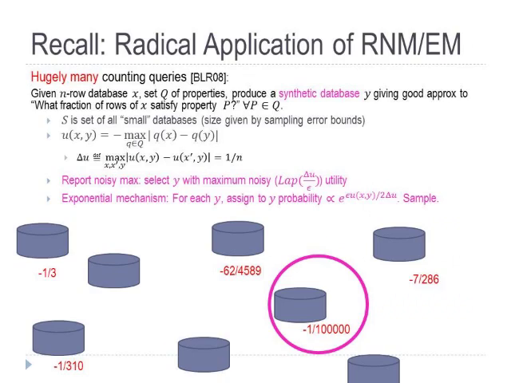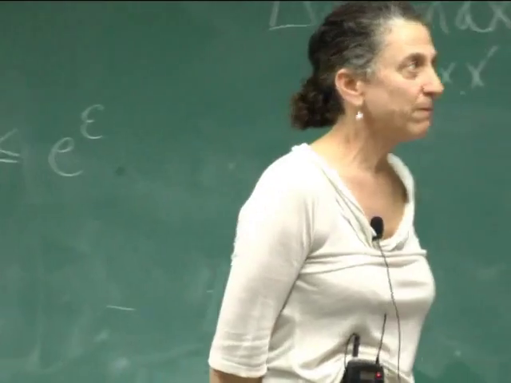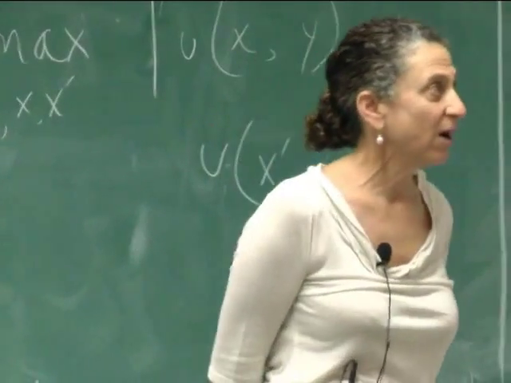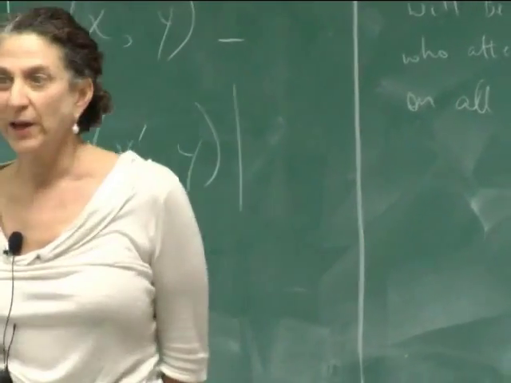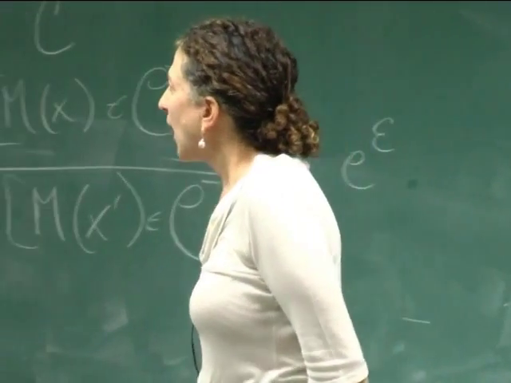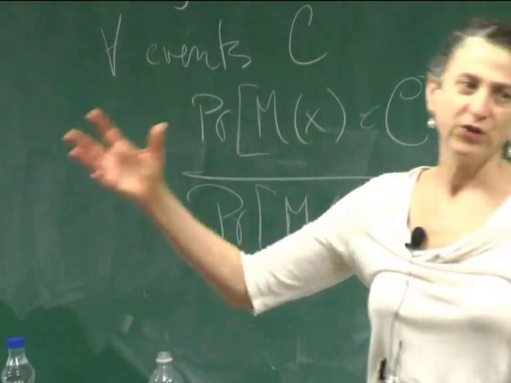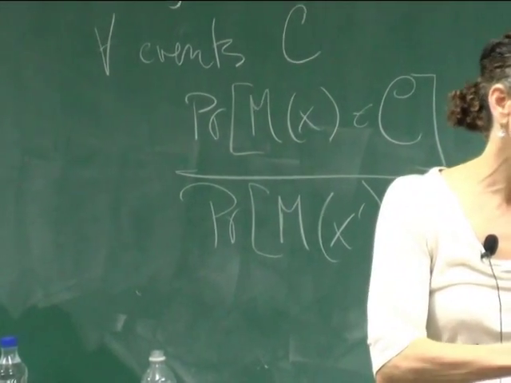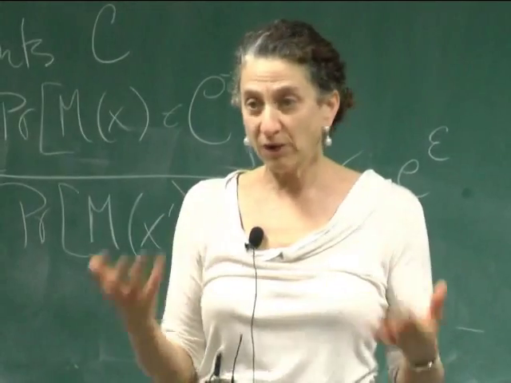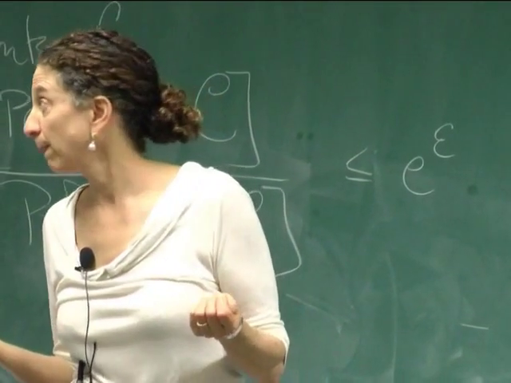Okay, now we saw that this amazing application of the exponential mechanism, or report noisy max, allowed us to amazingly increase the number of queries that we were able to answer with non-trivial error in a differentially private way.